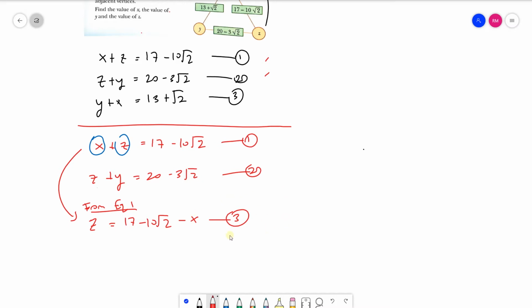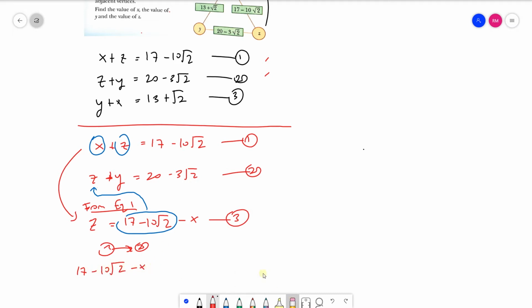Now this equation number 3, I can substitute inside equation number 2 because it also has z in it. So instead of z, I can substitute the value of z in this position. So instead of z, I write the value of z, which is 17 minus 10 surd 2 minus x.